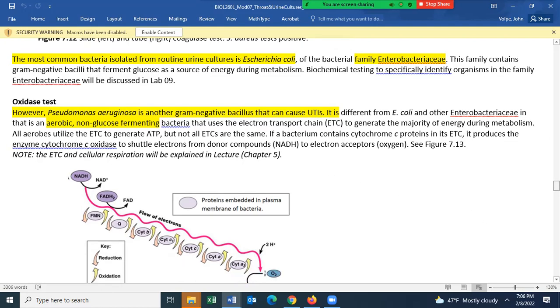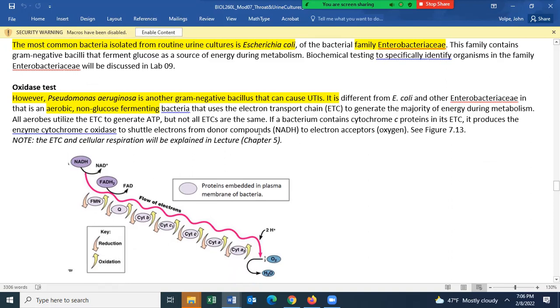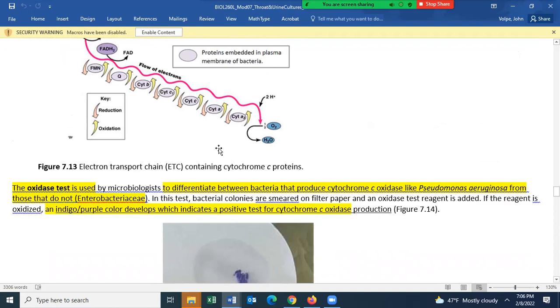Another quick way to separate the Pseudomonas from the Enterobacteriaceae is to look for the enzyme cytochrome C oxidase, which is involved in the electron transport chain, which I just talked about in the lecture. And this uses the oxidase test.